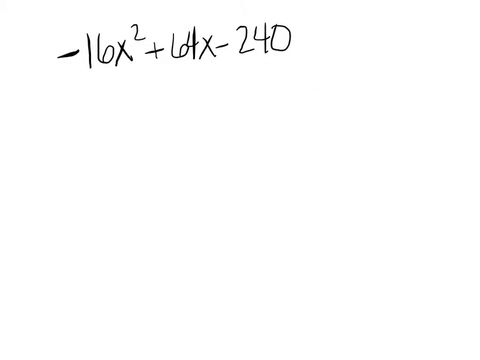Negative 16x squared plus 64x minus 240. Before you start using your factor by grouping, let's look for a GCF. Chances are, when you have an equation like this, that negative 16 will be the GCF. So open up a calculator and check. Is 64 divisible by 16 and is 240 divisible by 16?